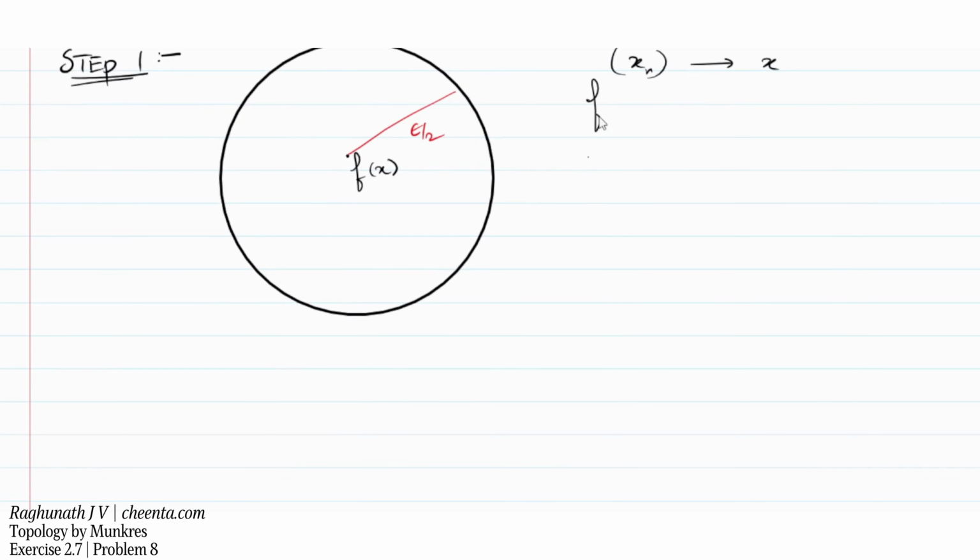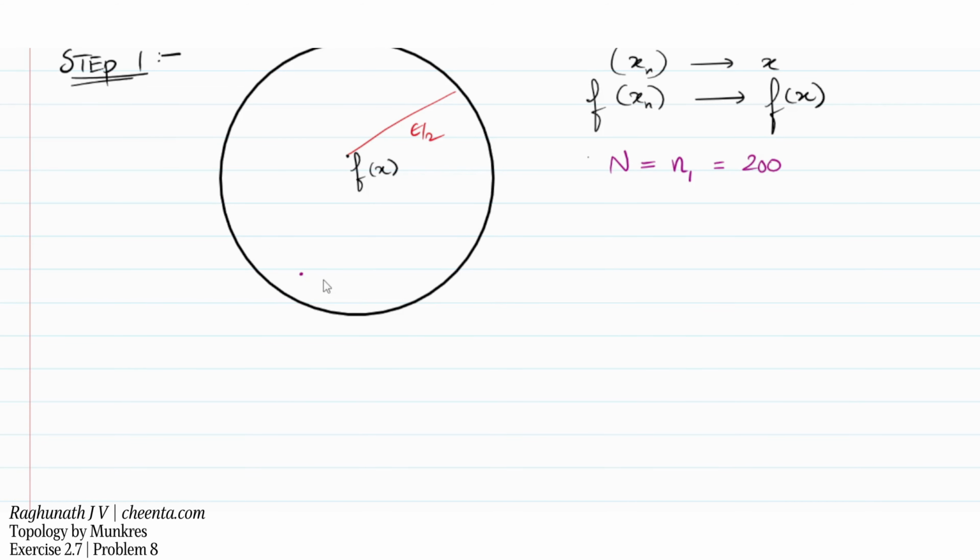So obviously, then f of xn converges to f of x, right? And let us say that for this epsilon by 2 open ball, the value of capital N is some n1. For example, let us take 200.